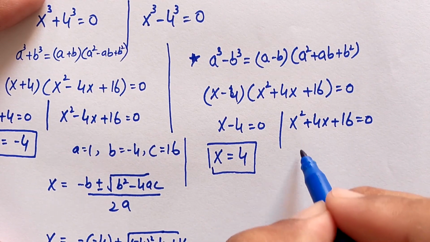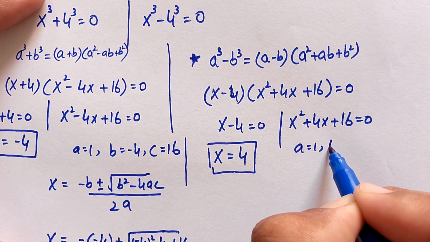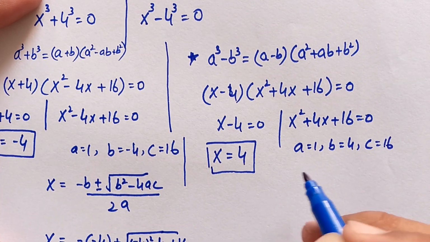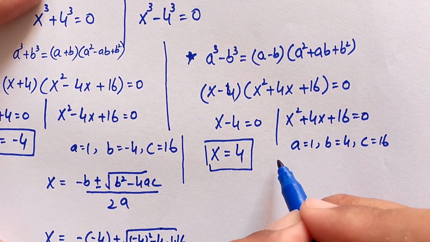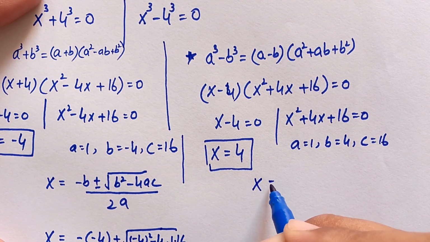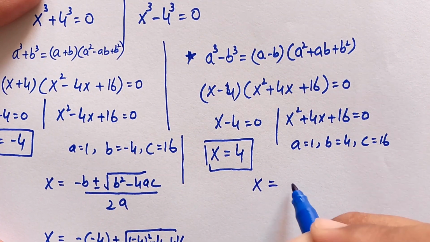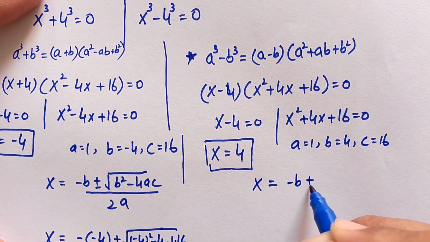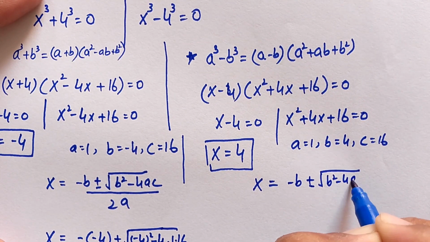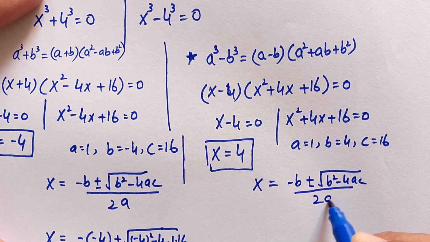So here a is equal to 1, b is equal to 4 and c is equal to 16. The quadratic formula is x is equal to minus b plus minus square root of b square minus 4ac divided by 2a.